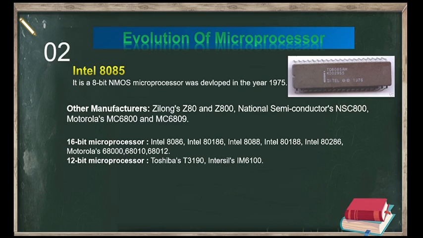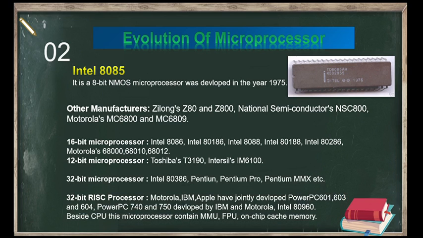12-bit microprocessors were also developed, such as Toshiba's T3190 and Intersil's IM6100, etc. In the year 1985, Intel introduced a more powerful 32-bit microprocessor, that is Intel 80386, which became very popular and was widely used in desktop computers.